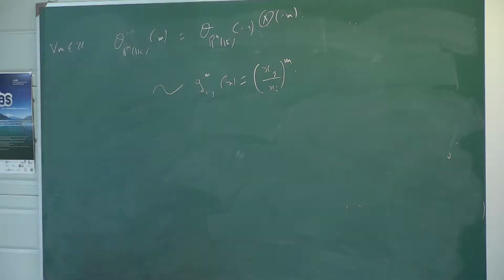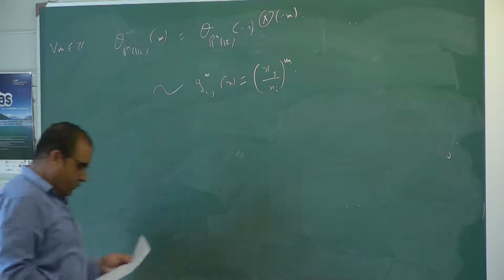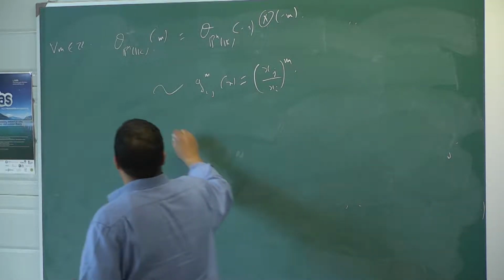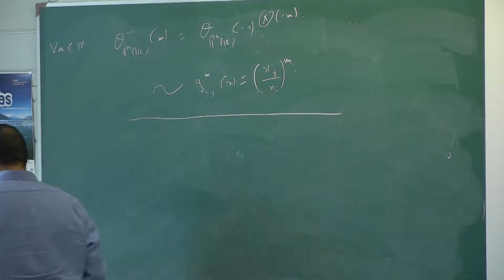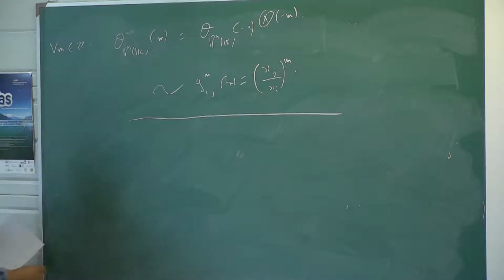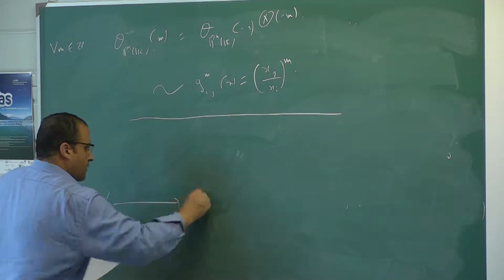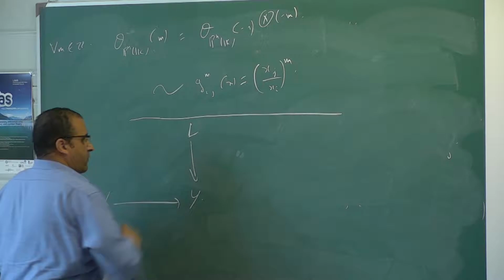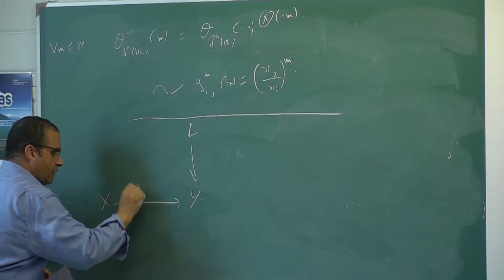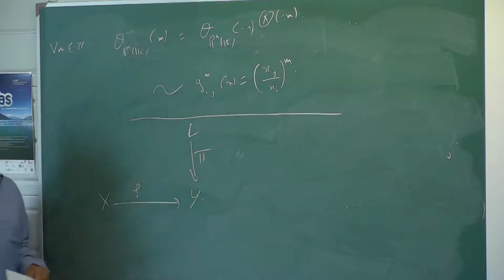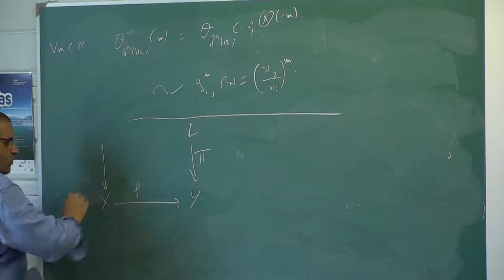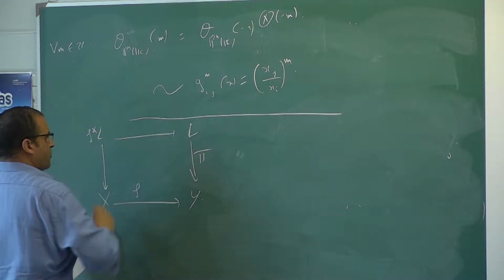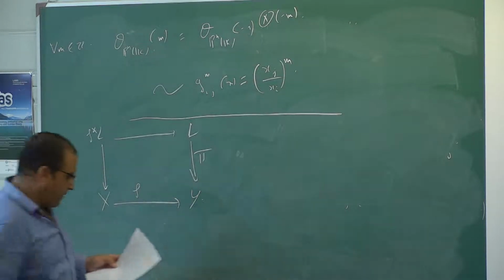So it's easy to compute. And the last thing: if you have a map f between varieties, and you have a line bundle L on the target, you can construct a line bundle on the source, which is the pullback of L, in such a way that everything commutes.